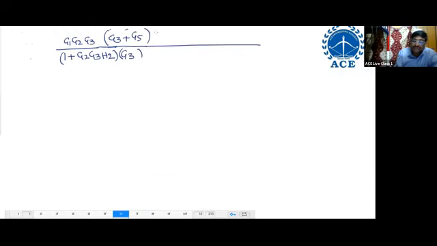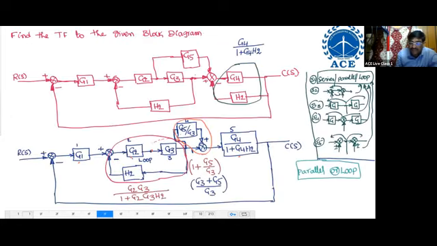G4 by 1 plus G4 H2. This is the simplification of series blocks. This is the simplification of all the series blocks.